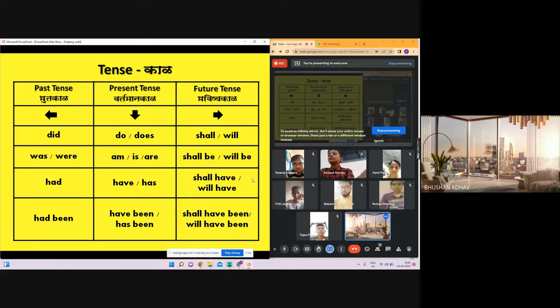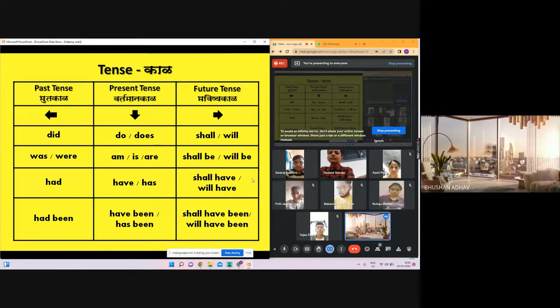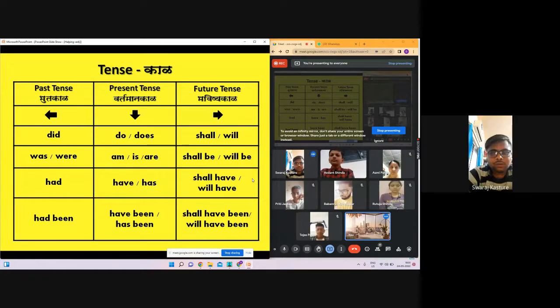Okay, Swaraj sir. Which are those five words with the help of which you recognize sentences about past? Did, was, were, had been.